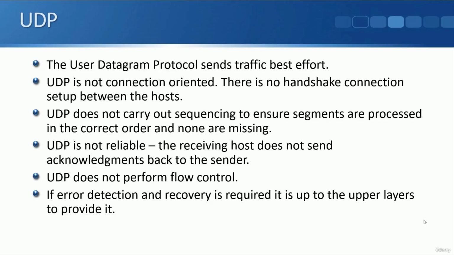It's not reliable. The receiving host does not send acknowledgements back to the sender, and does not perform flow control. You know how I just said that the sender will send the traffic and hope it gets there? We can still have error detection and recovery for this traffic, but if it is required, it's going to be up to the upper layers, higher up at the application level, to actually provide that. It's not going to be provided by UDP.